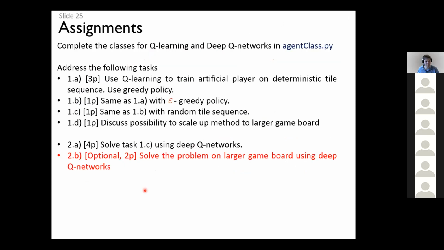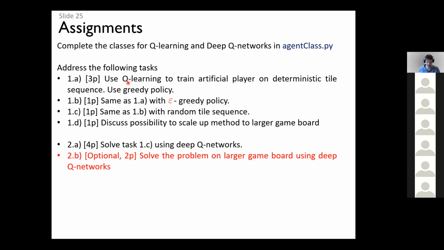So I will just finalize by mentioning the different assignments. So as I said earlier, you should complete the classes for the Q learning and deep Q networks in the agentclass.py file. And then you should address some different questions.